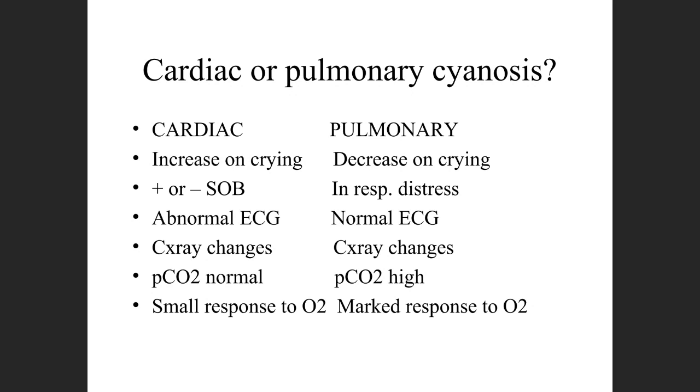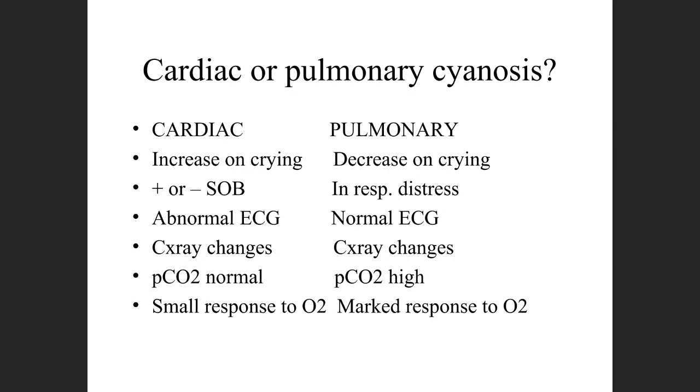For example, if there is obstruction to the flow of blood out of the right ventricle, as occurs in patients with tetralogy of Fallot, you will notice that the pulmonary vascular markings are decreased. The PCO2 is normal, and there is a small response when you give these patients 100% oxygen.